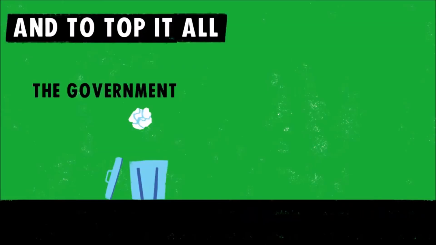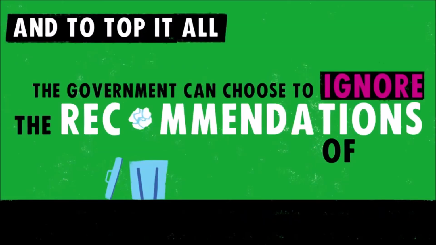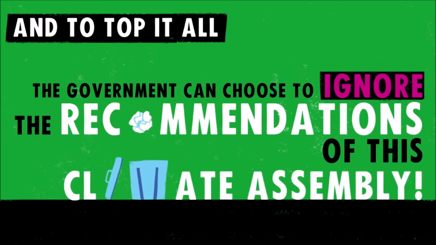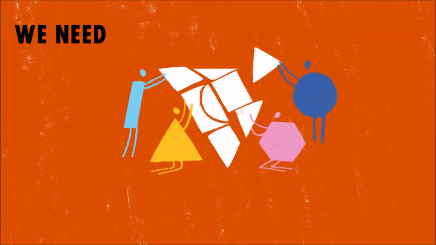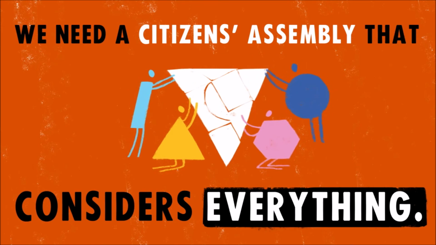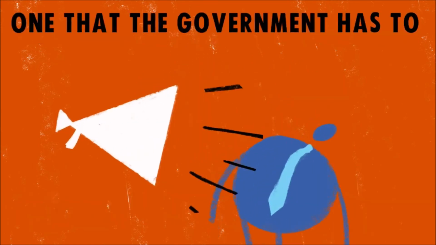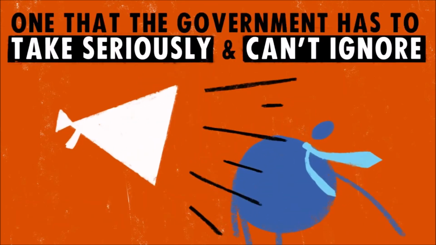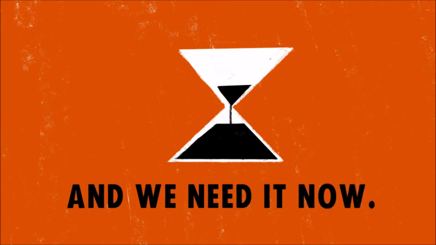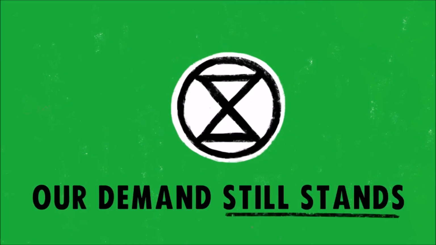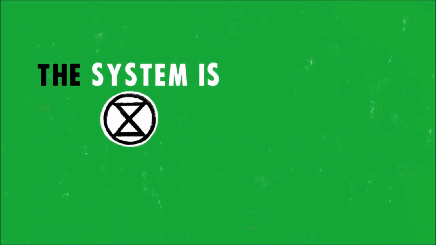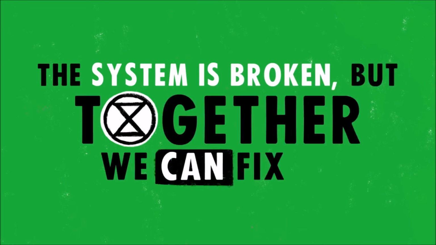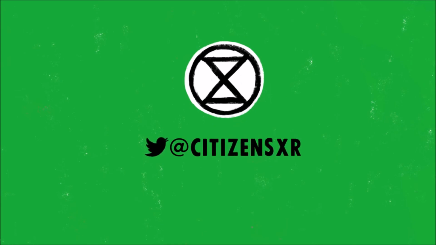And to top it all, the government can choose to ignore the recommendations of this climate assembly. We need a citizens' assembly that considers everything, one the government has to take seriously and can't ignore. And we need it now. Our demand still stands. The system is broken, but together we can fix it. For more information, follow the Citizens Assembly Working Group on Twitter or visit rebellion.earth.